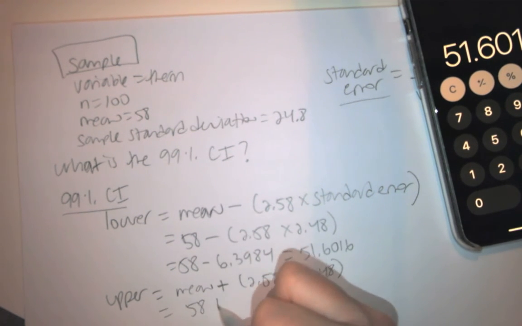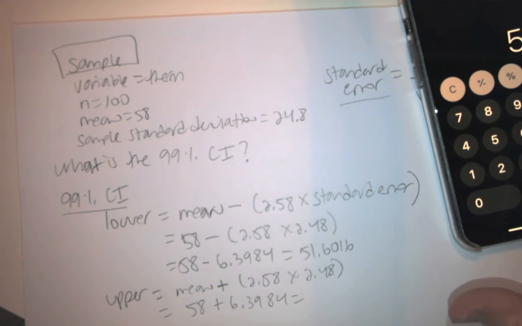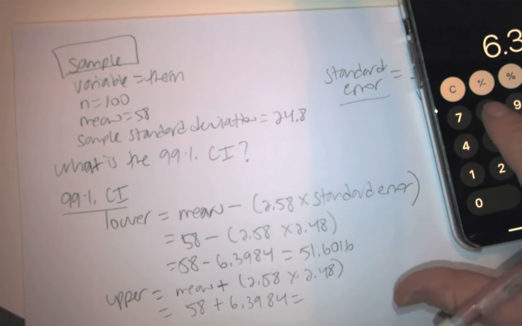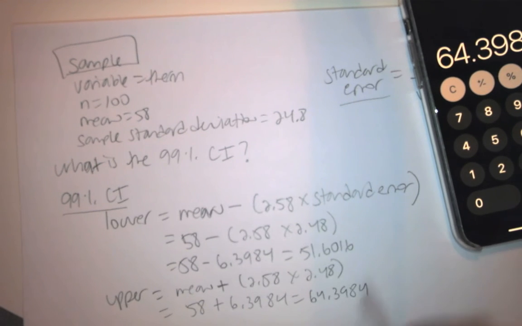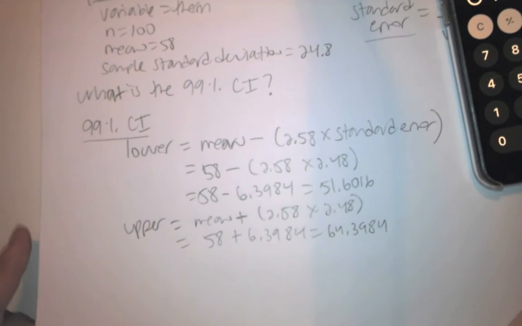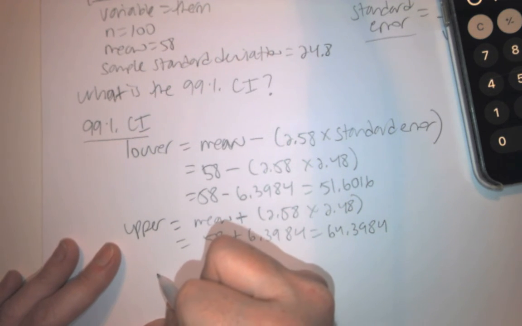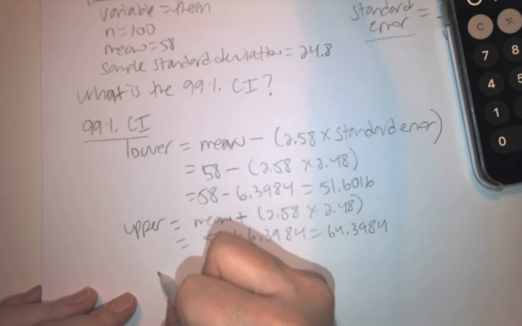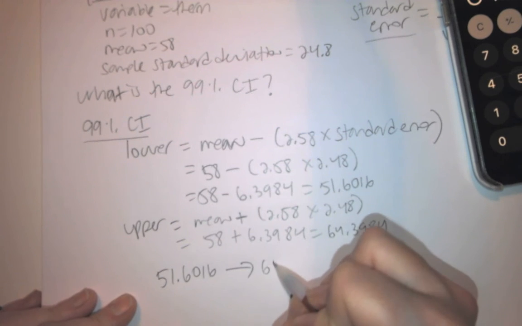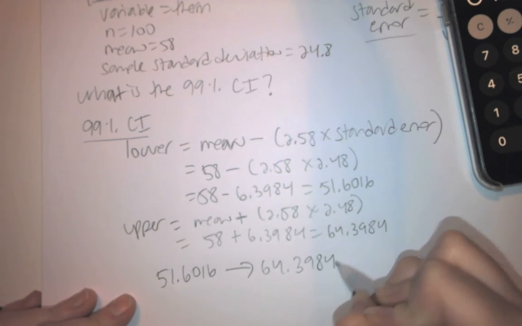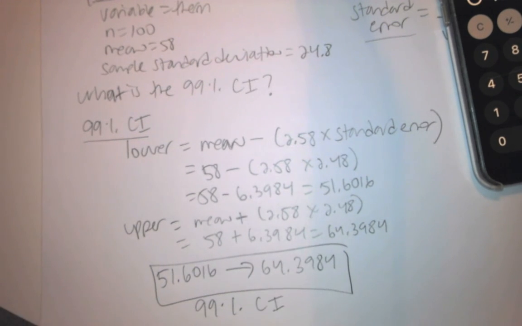So 58 plus 6.3984 is 64.3984. Now I can say that I am 99% confident that my cases are going to fall between 51.6016 and 64.3984. Again, that's my 99% confidence interval.